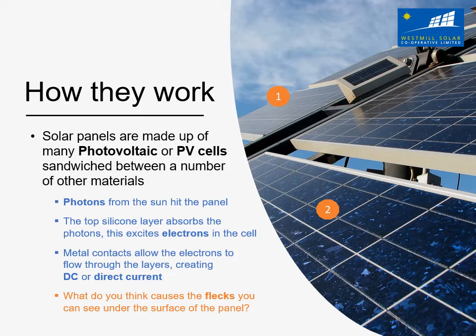Then the top silicon layer absorbs the photons, and this excites the electrons in the cell. In other words, the electrons start moving around. Then the metal contacts within the panel allow these electrons to flow through the layers, creating DC or direct current.